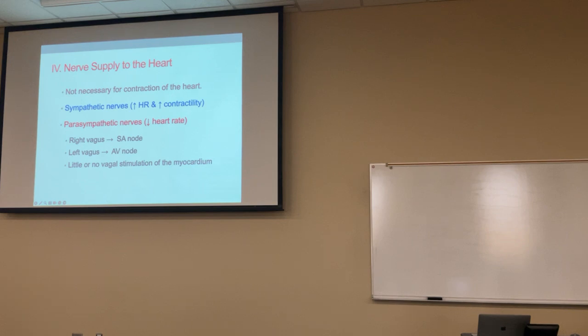Now, it's probably not going to make much of a difference in most situations, because normally the amount of left and right vagal stimulation are going to be about the same. The only situation I can think of where that might be different is artificial stimulation or experimentally, or if there's an injury. If there's an injury to one side of your neck, it could affect one side, not the other.